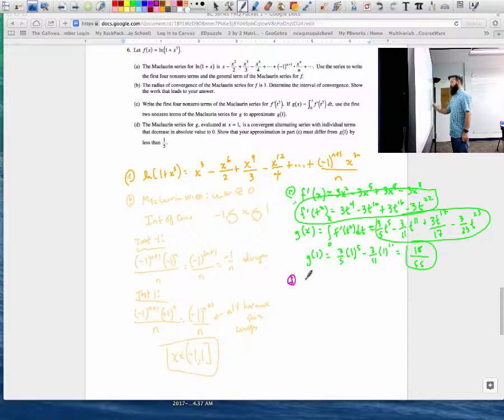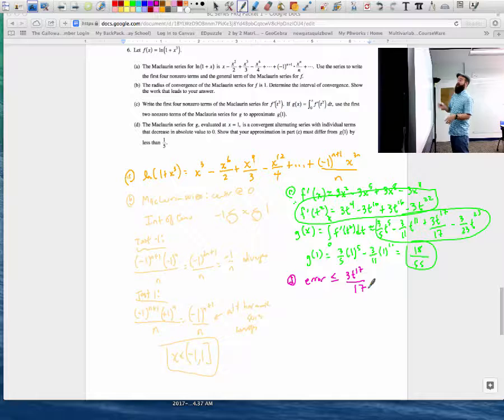So error is going to be less than or equal to what would be the next term after I stopped with my approximation. I stopped with the second term. So the error is going to be less than the next term. Right? So I got that.